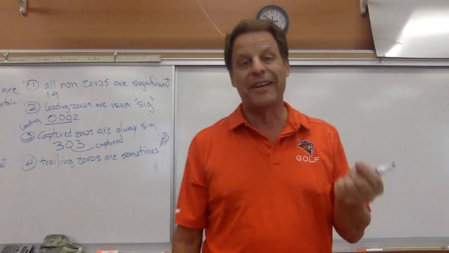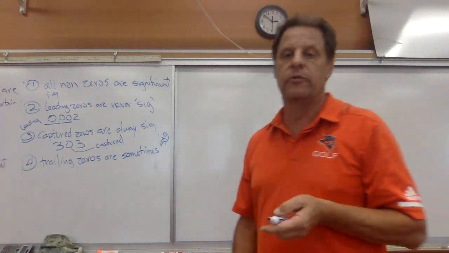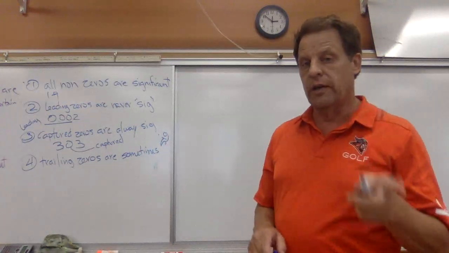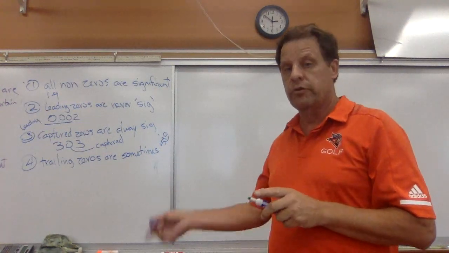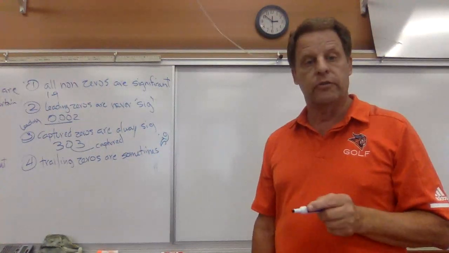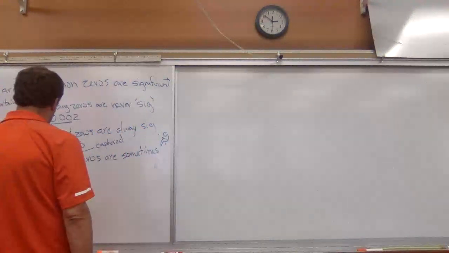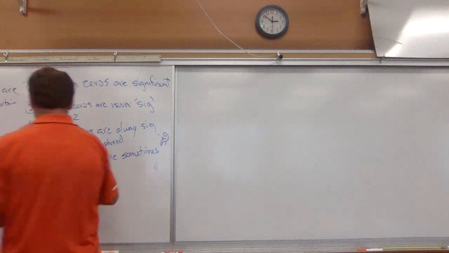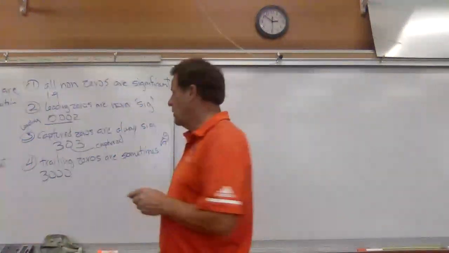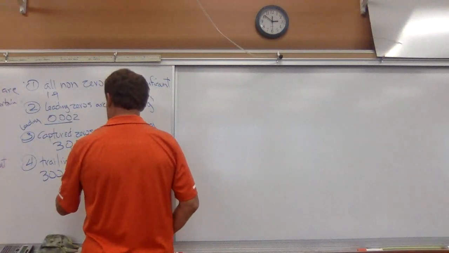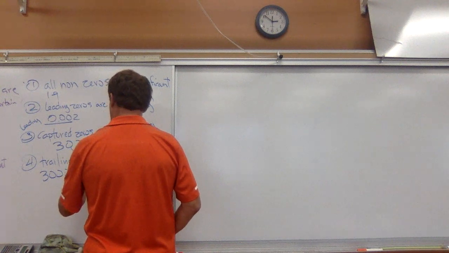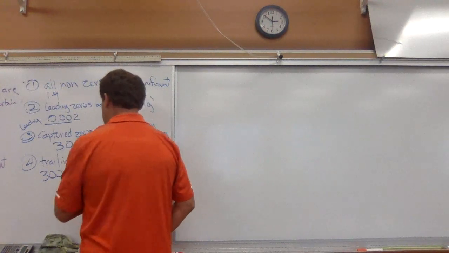So trailing zeros are sometimes significant. There's times when they are, and there's times when they're not, which I will talk about. A trailing zero is going to be, for example, 3000. Okay, that's a trailing zero. Or 3.1000.